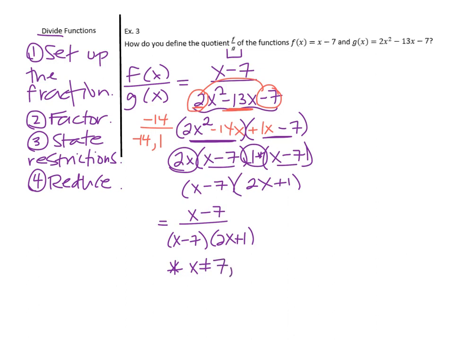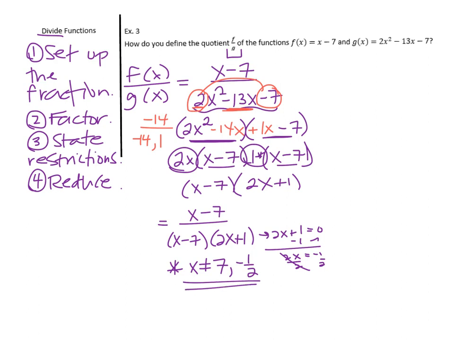That would make the denominator of the fraction 0. For 2x plus 1, if we set 2x plus 1 equal to 0, subtract 1, divide by 2, x also can't equal negative 1/2. Those would be our 2 restrictions.